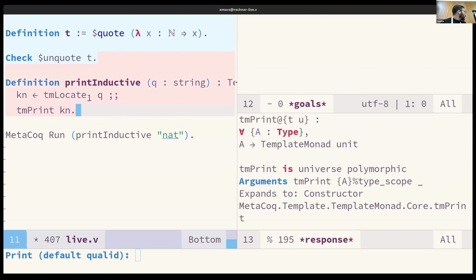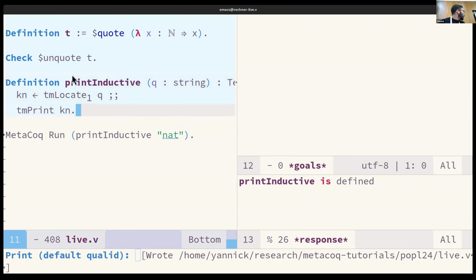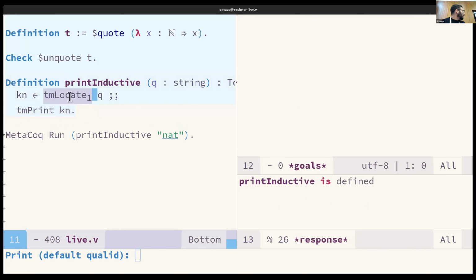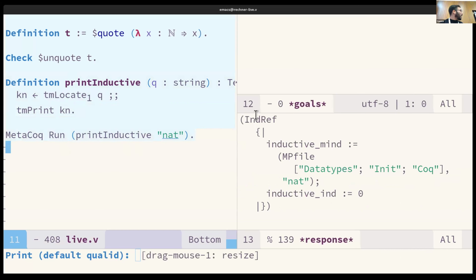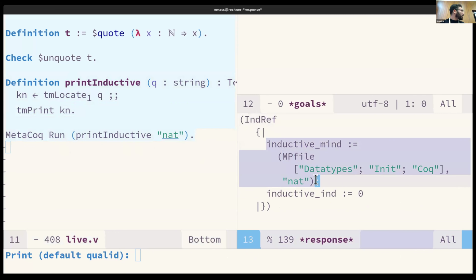Nope, it has the right type. So for starters, we're going to locate the thing, and then print the information that was located. If we run this now, it tells you that nat is a reference to an inductive, and this inductive lives in here, and it's the 0th inductive living in here.